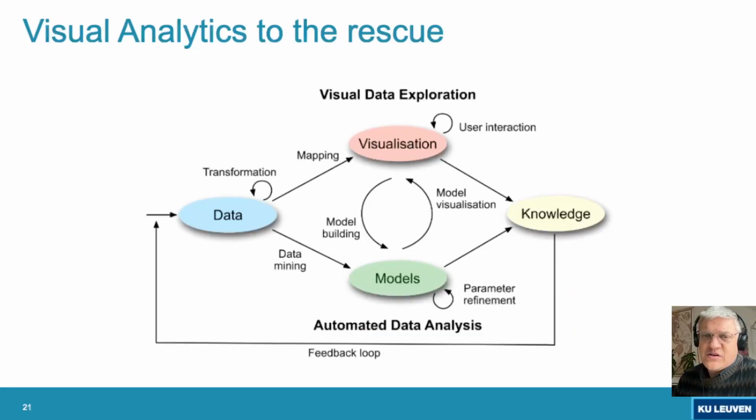The approach is visual analytics. That's what this course is about. In visual analytics, we combine automated data analysis with data visualization. And very importantly, there's a constant loop between the two. You may, for example, have a very high dimensional data set. Let's say you're looking at gene expression data, 25,000 dimensions, which are impossible to visualize.